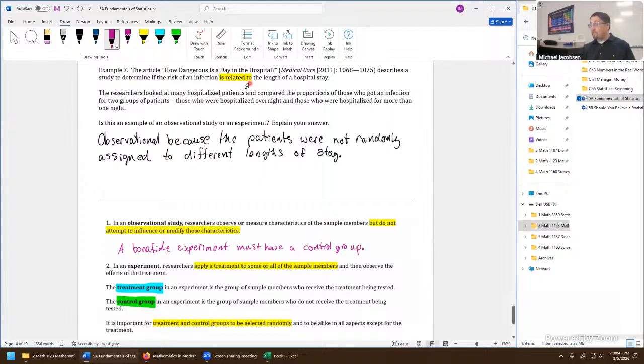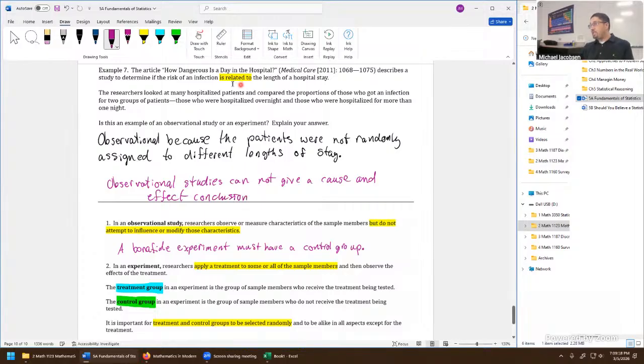That's a wishy-washy way of saying it, but what they're trying to specifically avoid is observational studies cannot give a cause and effect conclusion.